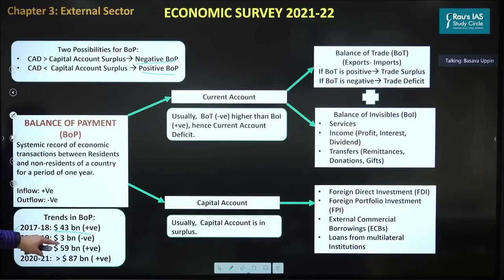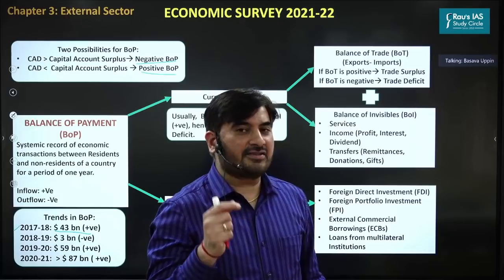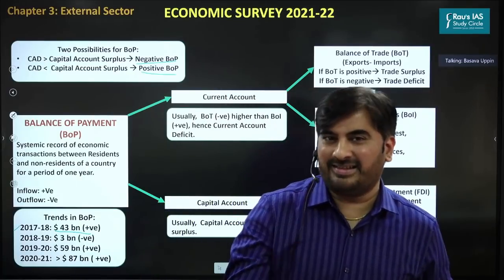Then next year, the BOP was negative. Next year, that is in the year 2019-20, the BOP was positive. And now in this year, the BOP is expected to be more than $87 billion. That is positive.